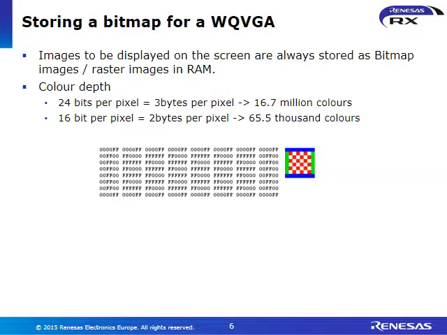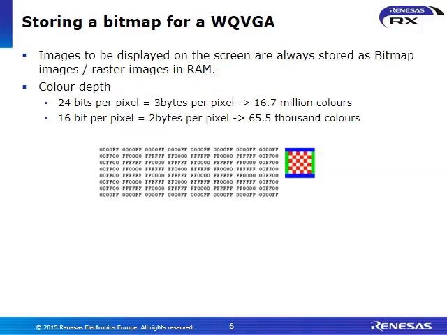It also depends on the bit size, the pixel or color depth as we call it, for each individual pixel on that display. Usually we have 24-bit or 16-bit color depth per pixel, meaning 3 bytes or 2 bytes per pixel need to be available in the memory.